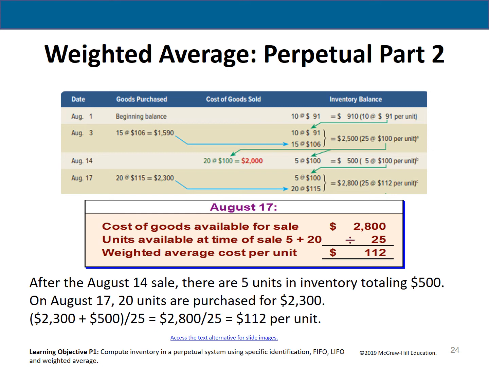How many bikes are there in total? And it's just a coincidence that there's 25 bikes because they bought 20 more. So $2,800 total cost of all the inventory divided by the total number of bikes, 25. The new average cost per bike is $112. So if we sold any bikes at this point, they would be removed at $112 each.